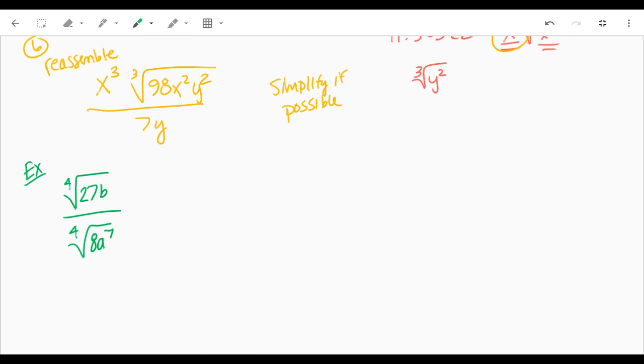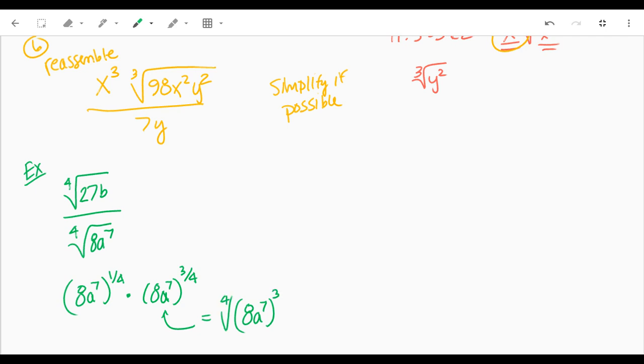All right, so now remember that that's like 8a to the 7th to the 1/4. So we want to multiply it by 8a to the 7th to the 3/4, which is the same as the 4th root of 8a to the 7th to the 3rd power. So we want to have it with the root when we do the top.